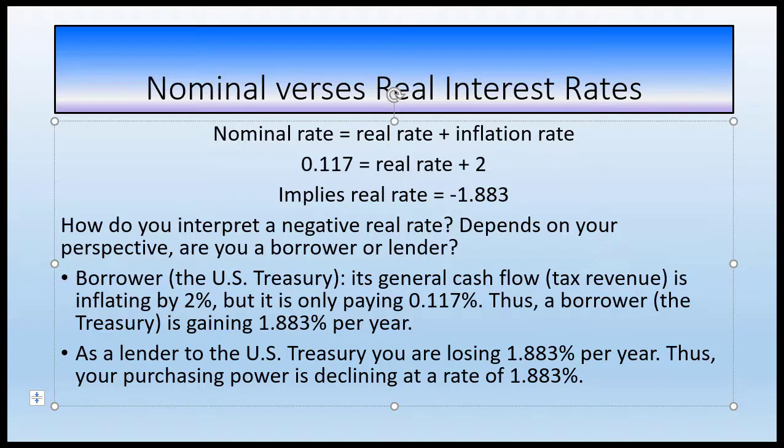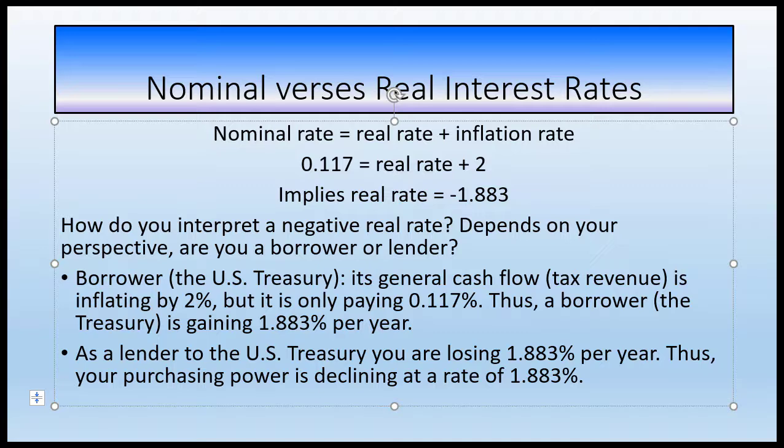Well, here's how you look at it. The borrower, which is the Treasury in this example, its general cash flow, tax revenues, for example, are inflating by 2%. Any borrower, under normal circumstances, is in the economy, and the economy is inflating at 2%. That means the cash flow of the borrower in general is going up by 2%.